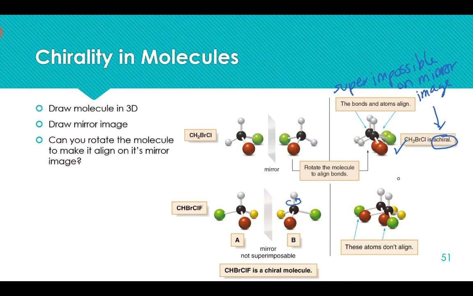And so this one is not superimposable on the mirror image. And so this means that these 2 molecules are chiral. This is one enantiomer of this molecule, and that's another enantiomer of that molecule.